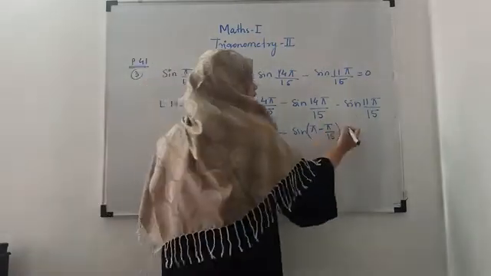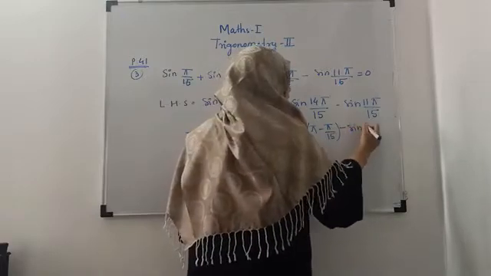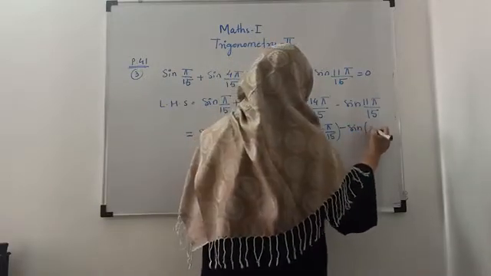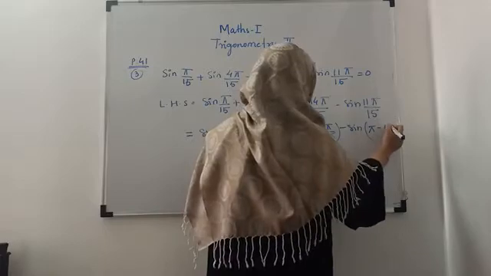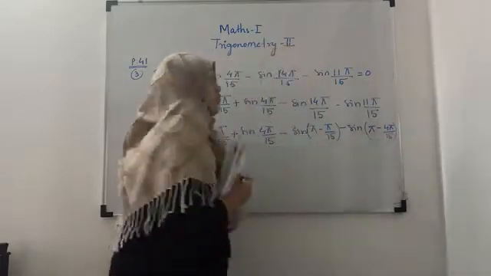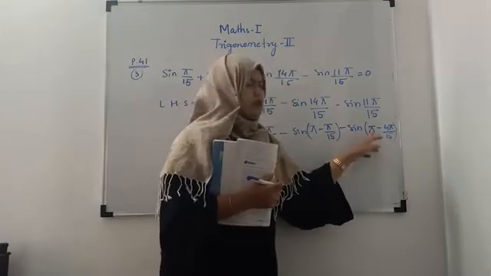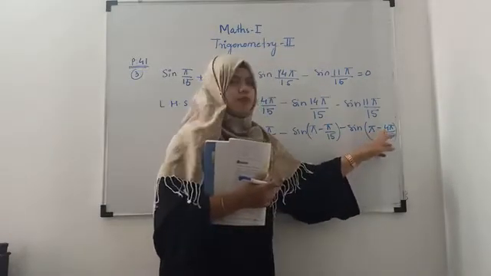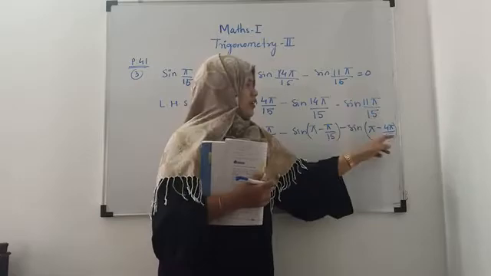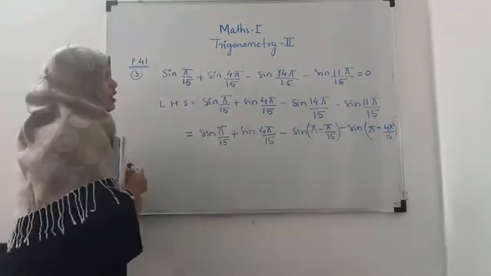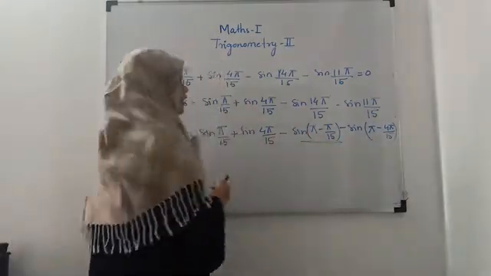Similarly I'll convert this as pi minus 4 pi upon 15. Here also 15 pi minus 4 pi is 11 pi divided by 15.